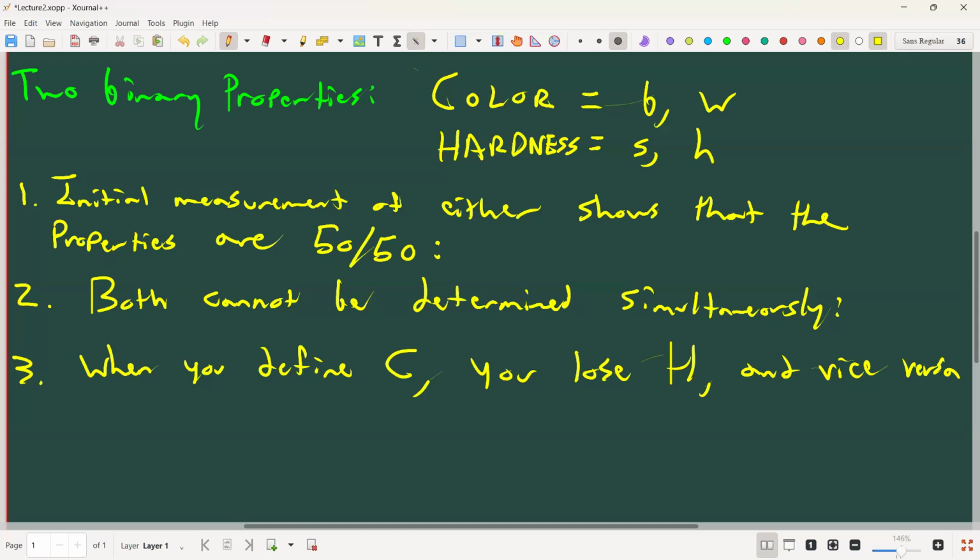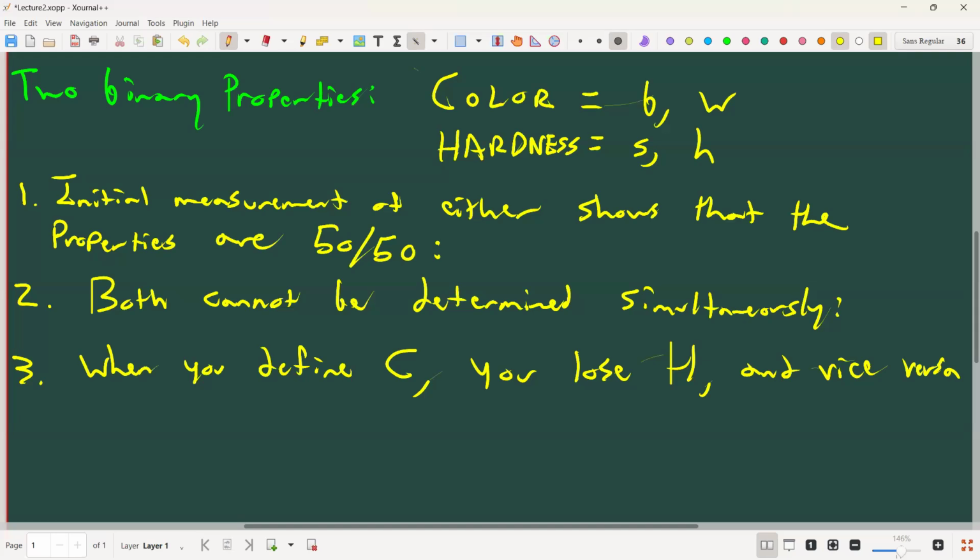Well, what's the color of those hard electrons? Well, it's not black anymore, right? Because when we measure the color again, these get 50 black, 50 white. We lose all the information about the color. So it's impossible to say that we have simultaneously defined color and hardness. The moment you know one of them, you lose the information on the other.